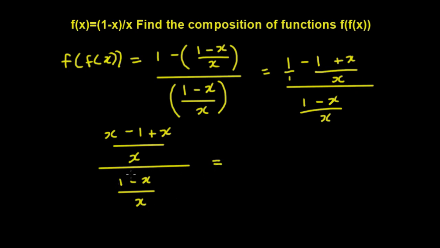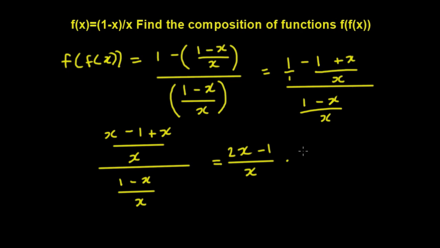So now, whenever we divide by a fraction, it's the same as multiplying by the reciprocal. So that means this is the same as writing x. Well, we'll take the x plus x, we'll get our 2x, and we'll have our minus 1 all upon x. And we're going to multiply it by the reciprocal of this.